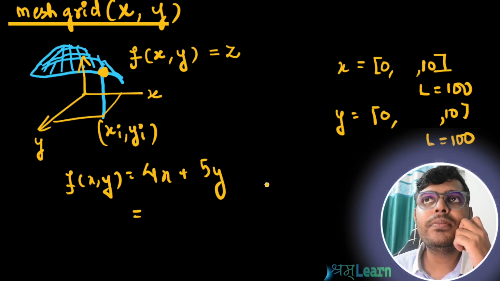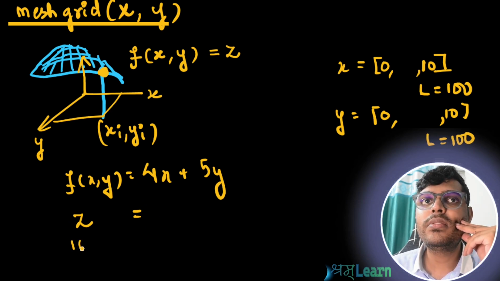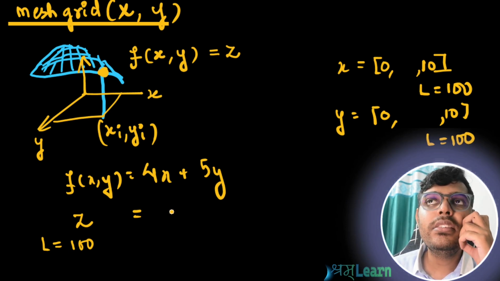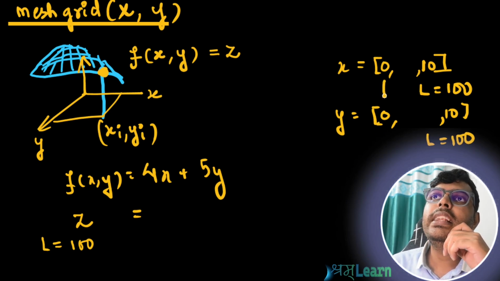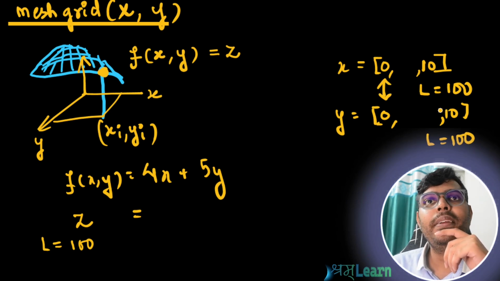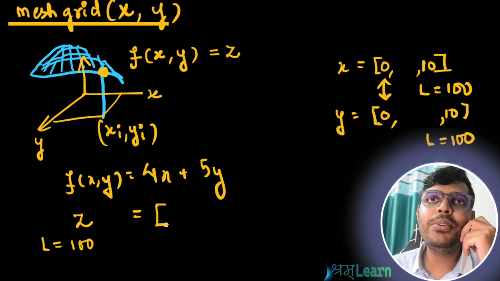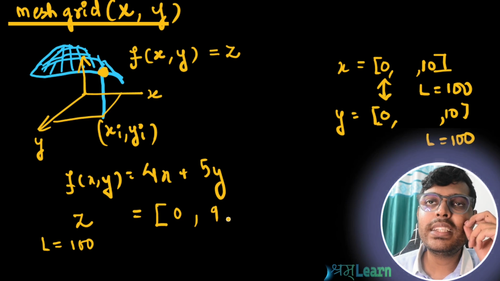The result will be an array, let us call it Z, which is also 100 elements long. We take the same indexed element of the X array and Y array and add them with appropriate multiplication. So we are doing 4 times 0 plus 5 times 0, which is 0. Then 4 times 1 plus 5 times 1, that is 9.